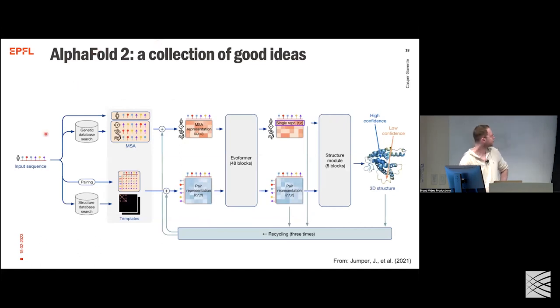So what does the AlphaFold 2 pipeline look like? So you take an input sequence, an amino acid sequence, of which you want to know the structure. Then you do a genetic database search and you generate an MSA, like I explained earlier. And what you also do is you check the sequences of the MSA and you do a structural database search.